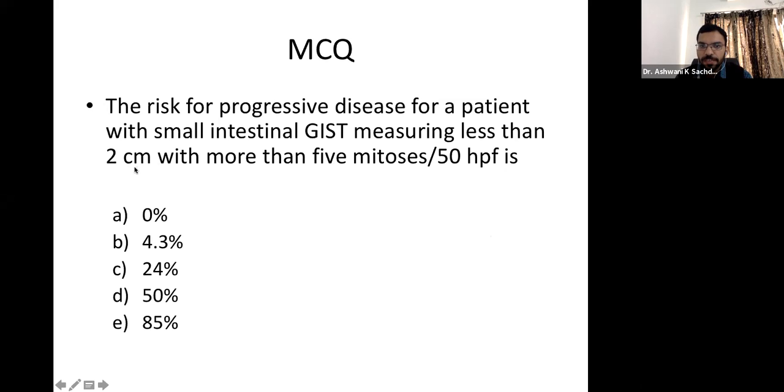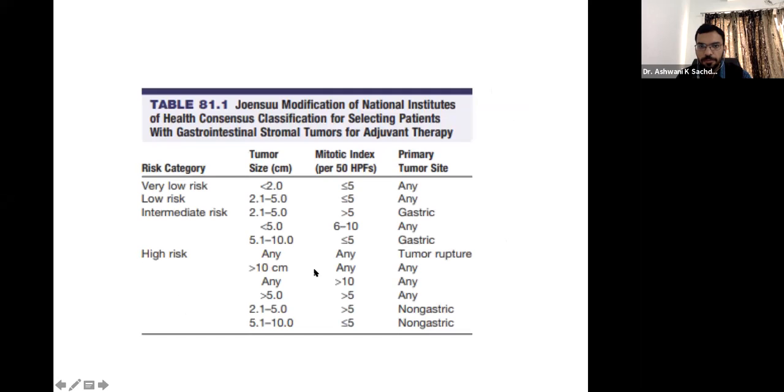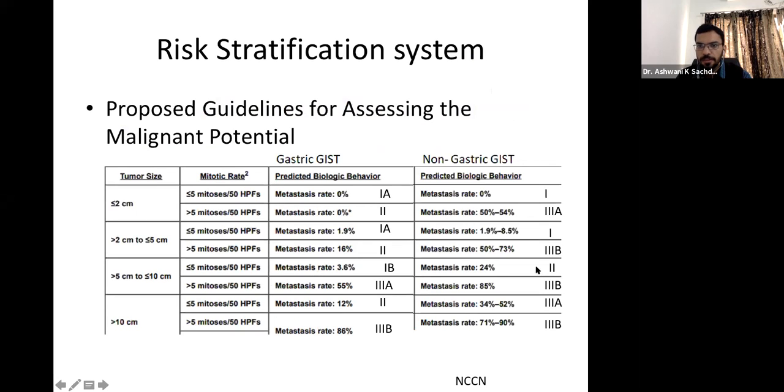Stage 1 T1 high grade. So answer is D in this case. It is high, but not for this thing. Like in the previous slide, we'll see. The risk of developing metastasis in less than 2 centimeter with more than 5 mitosis per 50 in non-gastric GIST, it's about 50 to 54%.